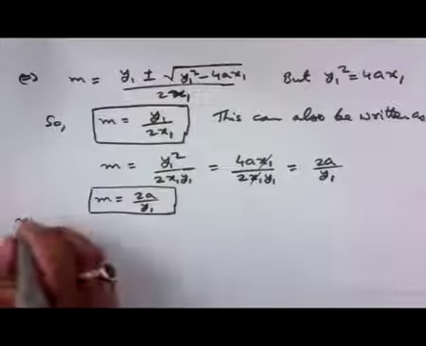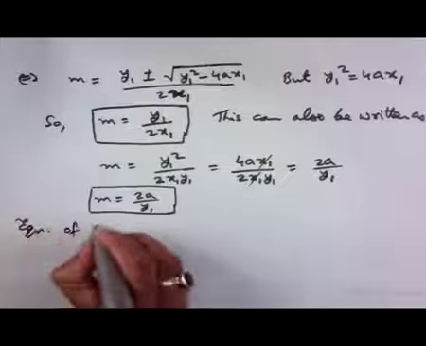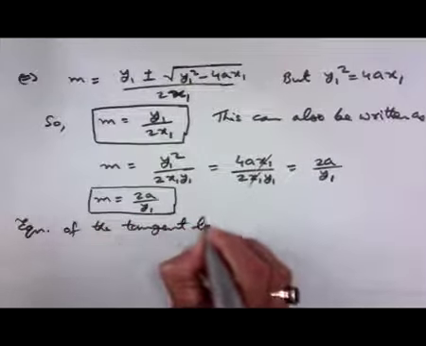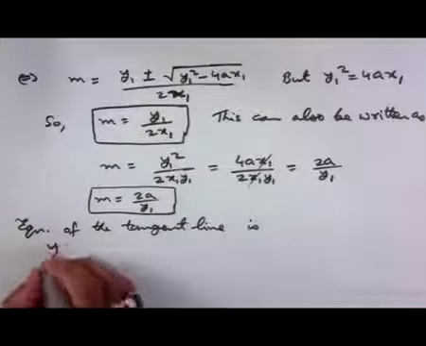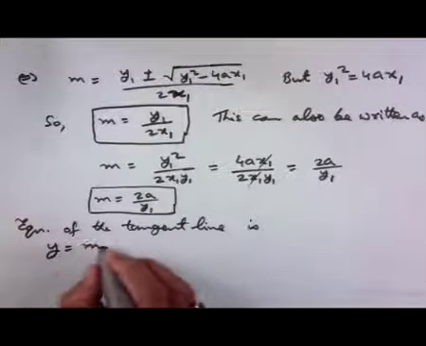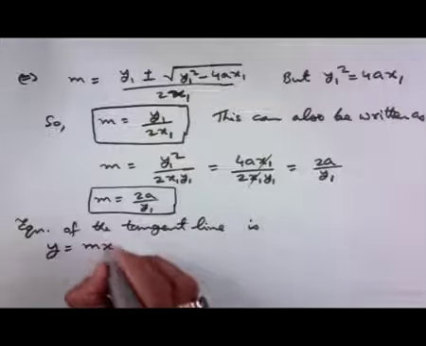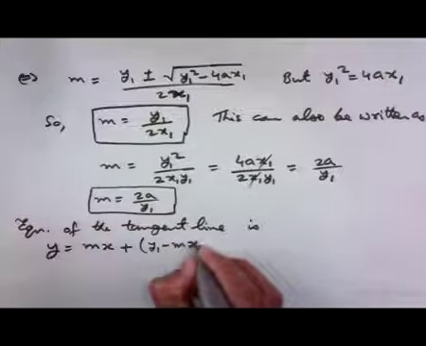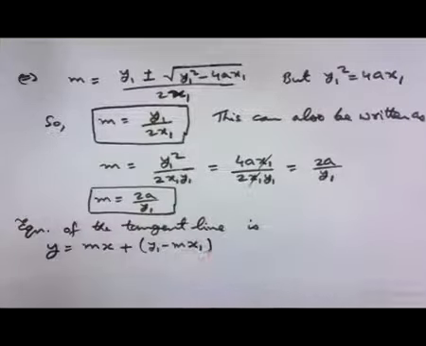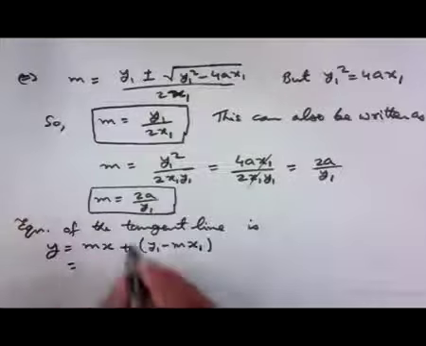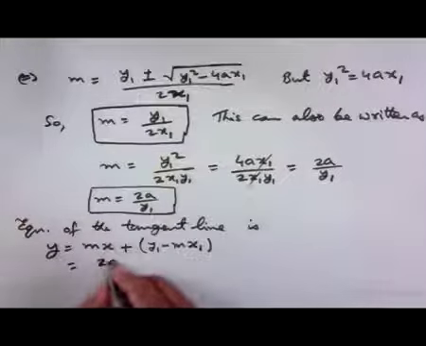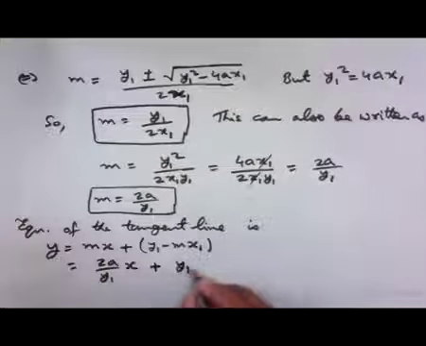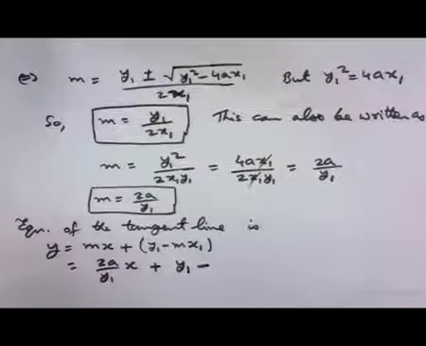and the equation of the tangent line is y equal to m x plus c, where c was y 1 minus m x 1, which is equal to m, given by 2 a by y 1, times x plus y 1 minus m times x 1.